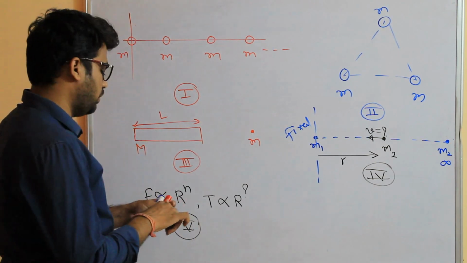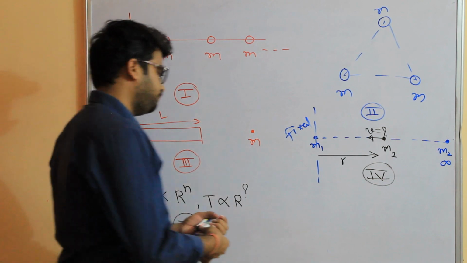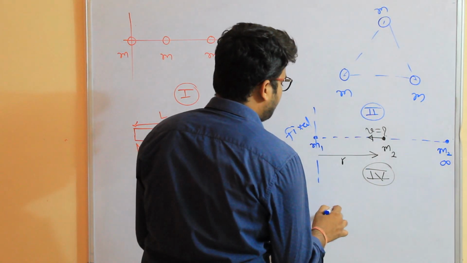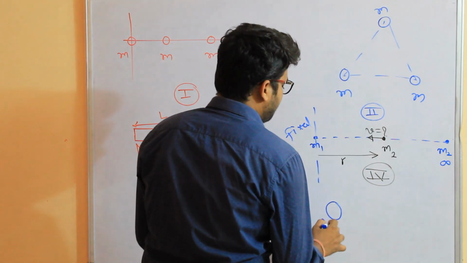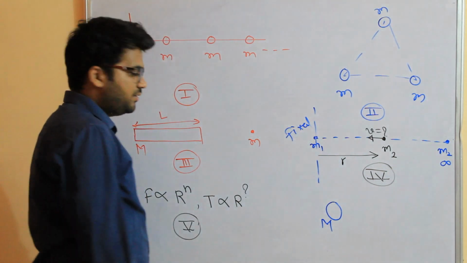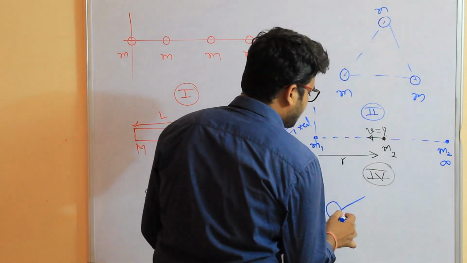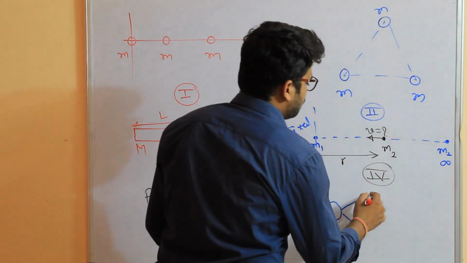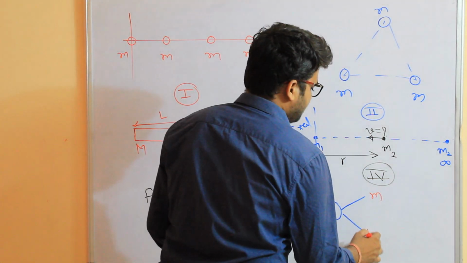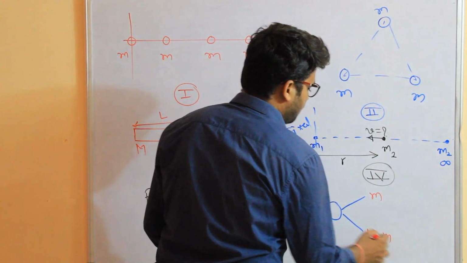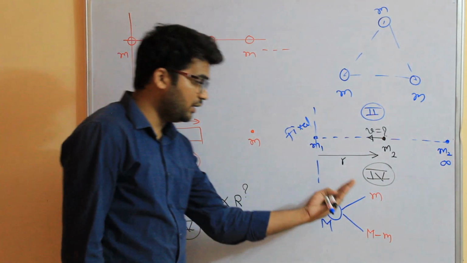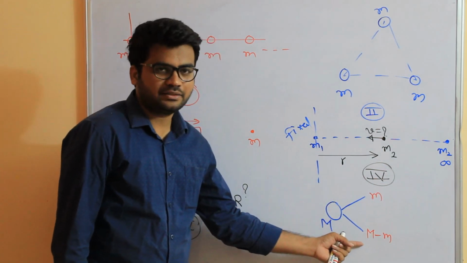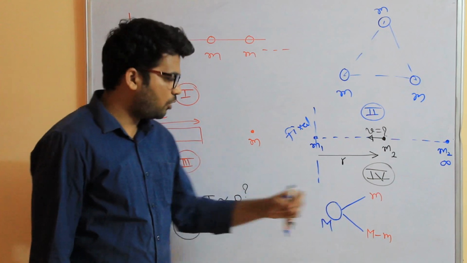Okay, and the sixth model is like, let us suppose we have a capital M mass, and we split this mass into two parts, so that the parts are small m and capital M minus small m.